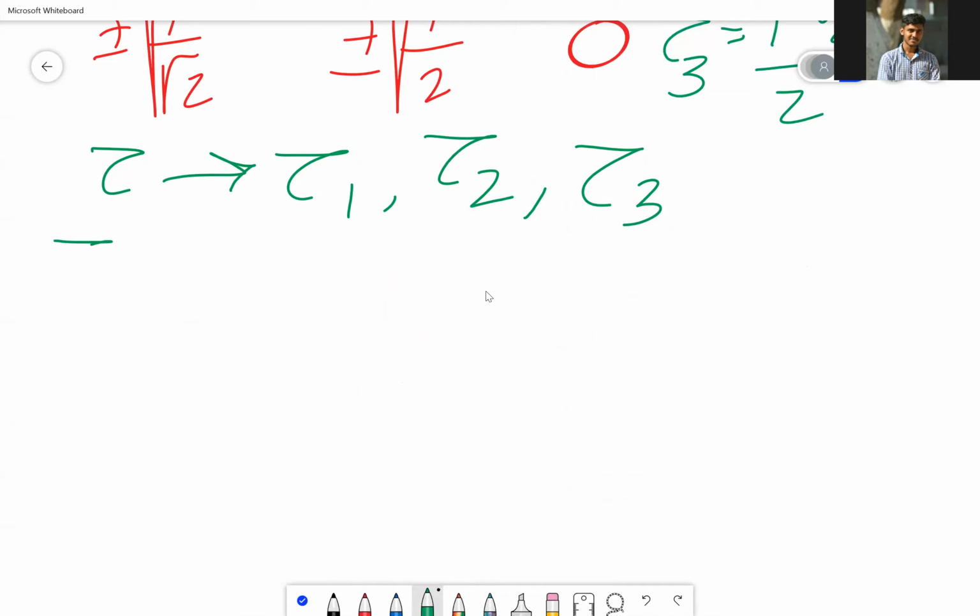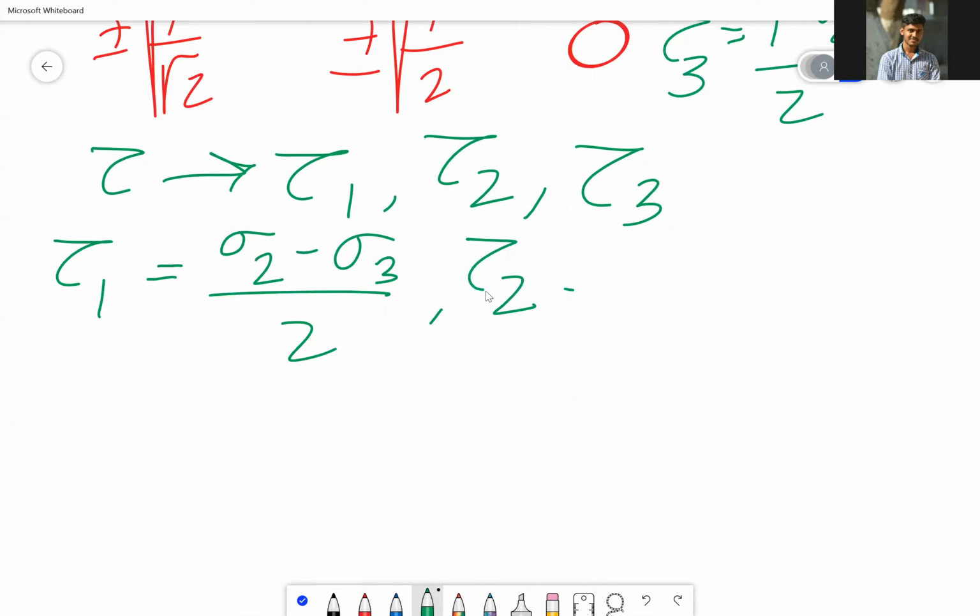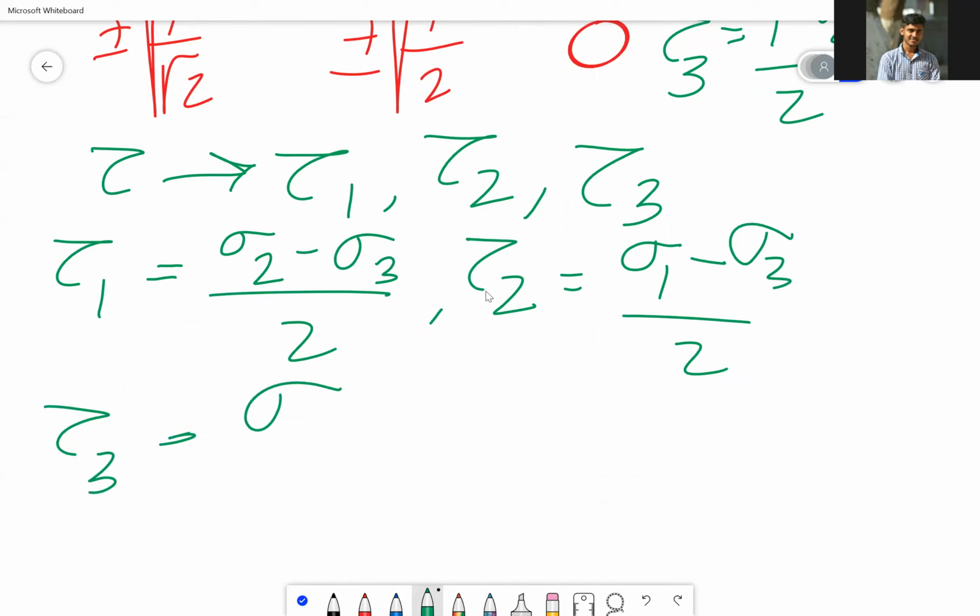So see this, I am again writing this equation. Tau 1 is sigma 2 minus sigma 3 by 2. Tau 2 is sigma 1 minus sigma 3 by 2. And tau 3 is sigma 1 minus sigma 2 by 2. So which one, mathematically, will be the maximum?